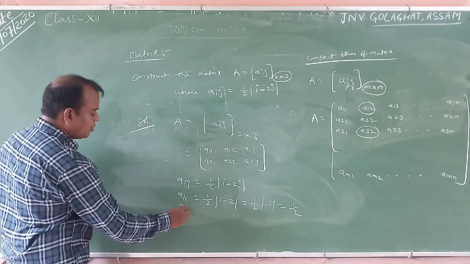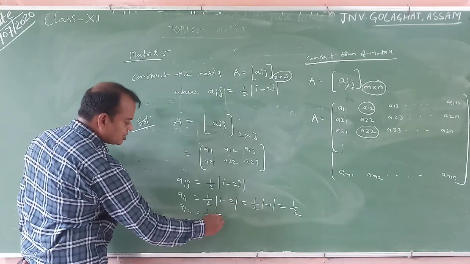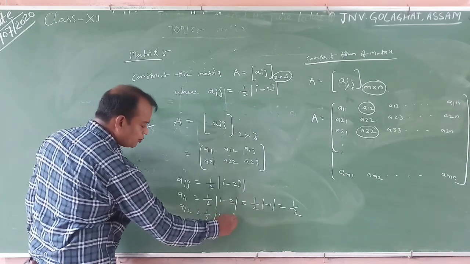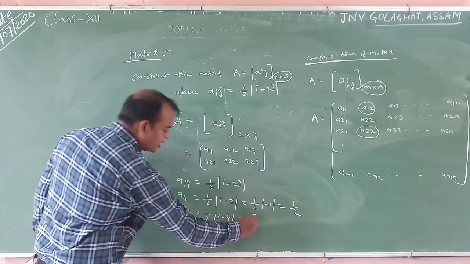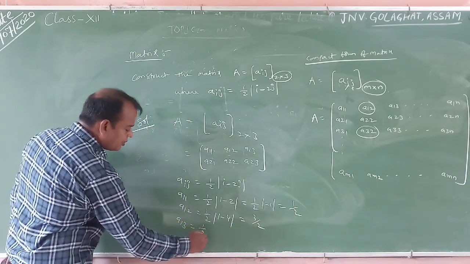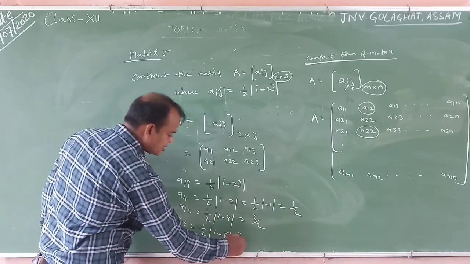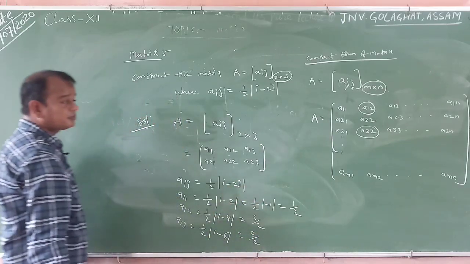Next A12: 1 by 2 into modulus of 1 minus 2 into 2, that is 1 minus 4 is minus 3, so 3 by 2. Next A13: 1 by 2 into modulus of 1 minus 2 into 3, that is 1 minus 6, so 5 by 2.